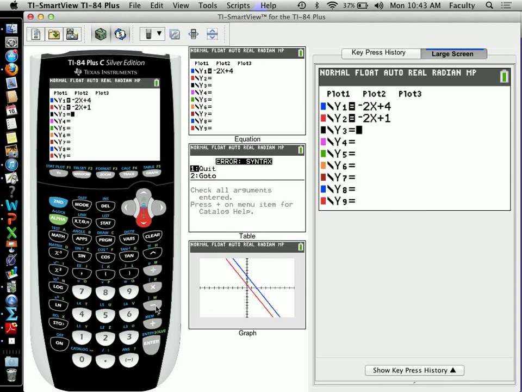The other thing is when you're getting an error on your calculator, one of the options says quit and the other says go to. If you want to figure out what the problem is, go to it and it actually will sit right on top of the problem for you. Okay? Alright, let's press graph.